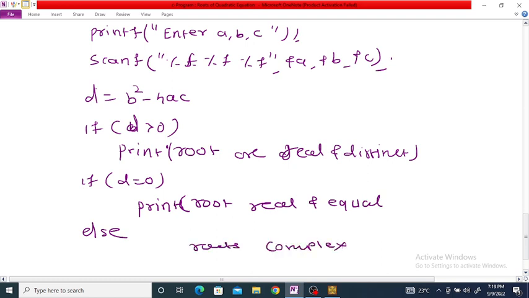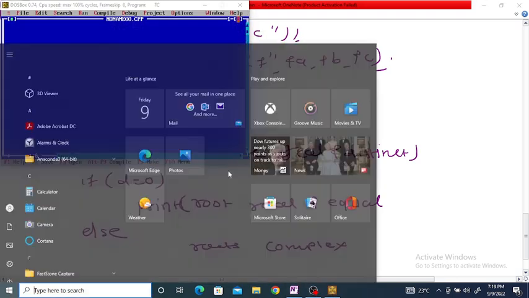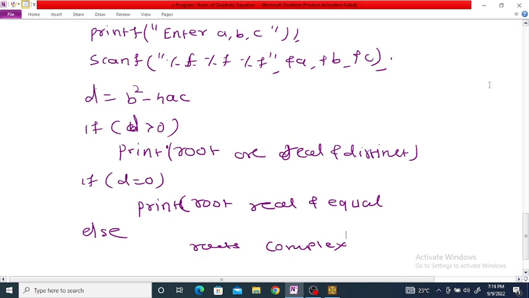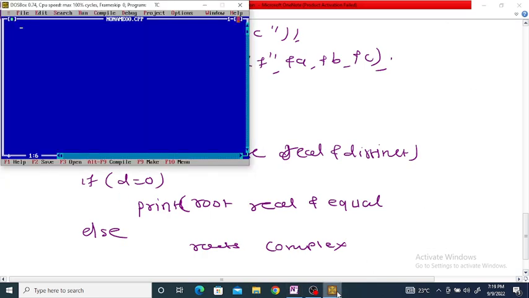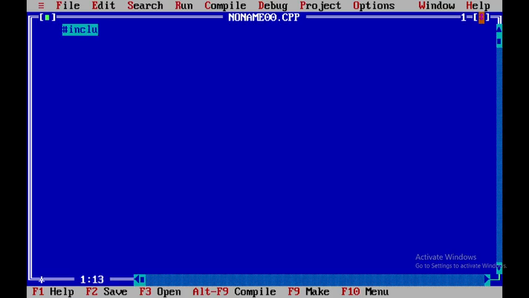Okay, so here I am going to write a C program. Now we are going to include the header files, so include stdio.h, then include conio.h, then void main.